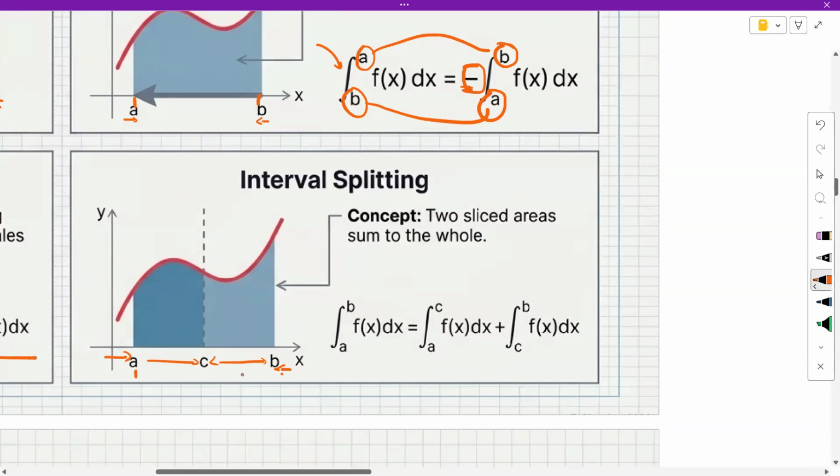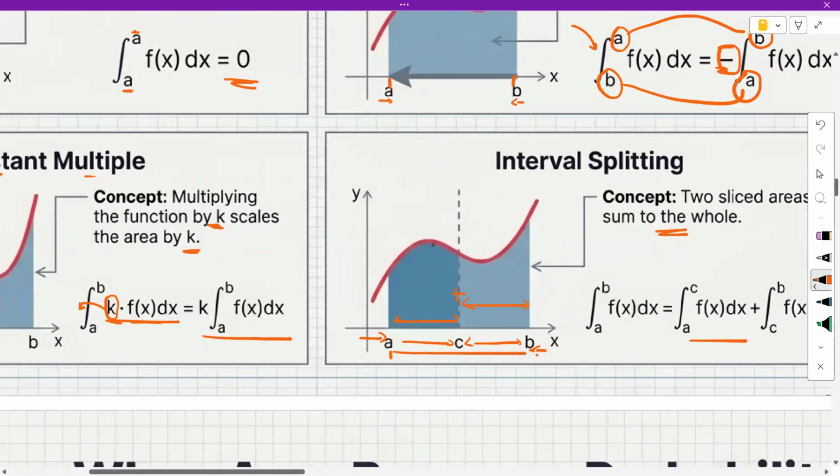Here, this is the original form, the area under the curve A to B. Now we can divide this into A to C plus C to B. The concept is that two sliced areas sum to the whole. These are the basic rules.